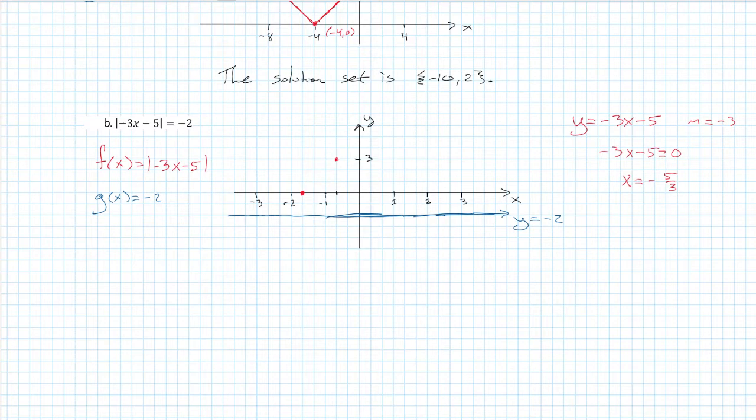Just making sure that I realize I have a different scale in the x direction to make that right. And then I can go up 3 and then over 1 again. Draw a line up and to the right here. You can see this y-intercept is at 0, 5. This is the positive version of the b value for y equals -3x minus 5. That's a common thing to occur here.